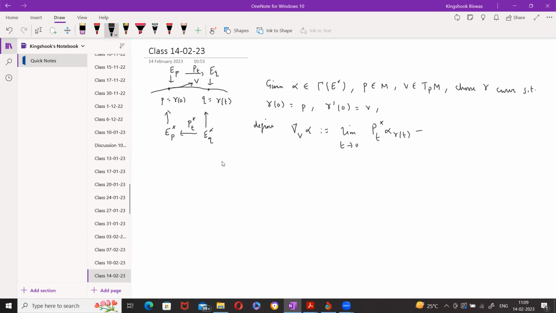From this, I can subtract alpha at P, and then I divide by t and let t tend to 0. So this will be an element of EP star.